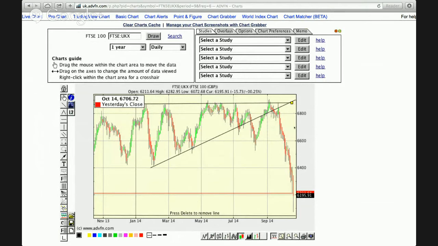Okay, so again, that's quite interesting in terms of a pennant. This is known as a pennant when it comes to technical trading.